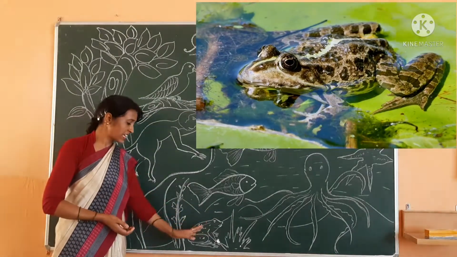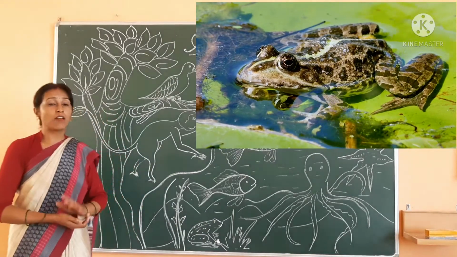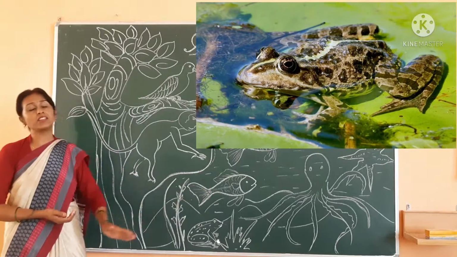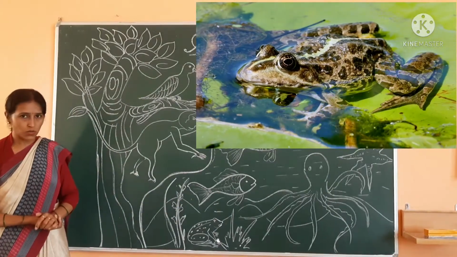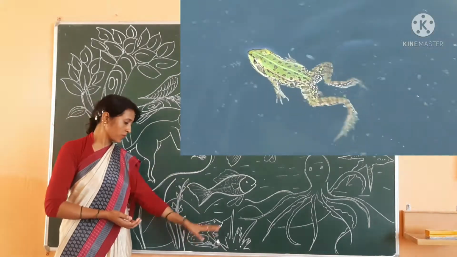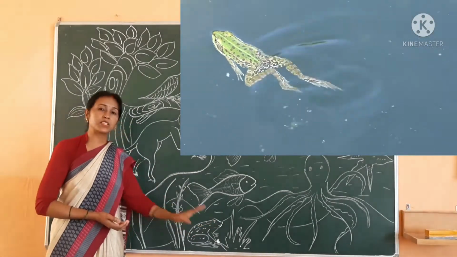Their skin is quite moist. They have moist skin so that they breathe in water, and they have lungs also, so that they breathe on land. So both organs are found in amphibians.